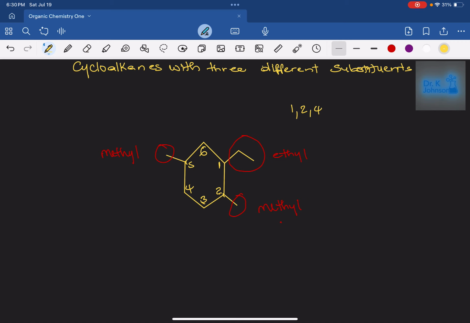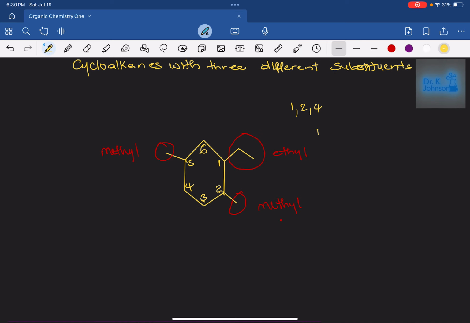Pay attention. Where are my substituents this time around? They're on 1, 2, and 5. In terms of combination, 1, 2, 4 is lower than 1, 2, 5. So for your lowest set of numbers, it's 1, 2, 4.